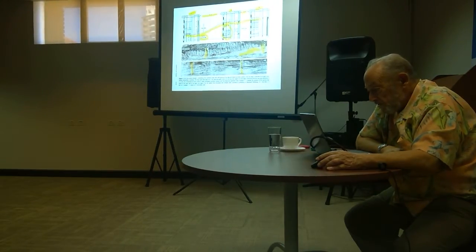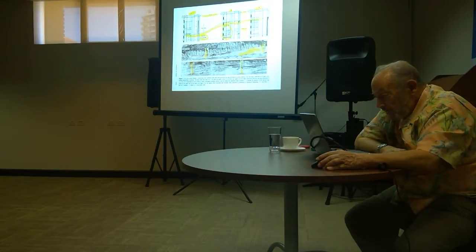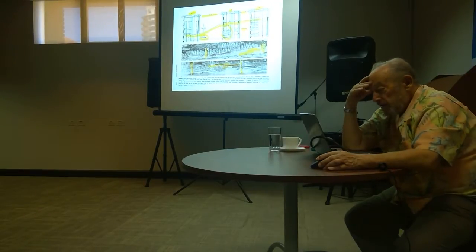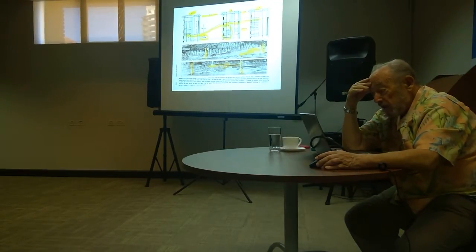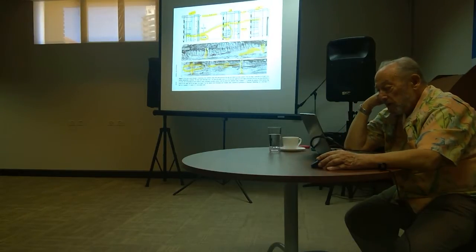Number 3, this is the point bar deposit. And you can see the lateral accretion beds here, see them dipping down, pointing in the direction of the channel. Here's the channel again. So you've got your channel and your lateral accretion beds downlapping.